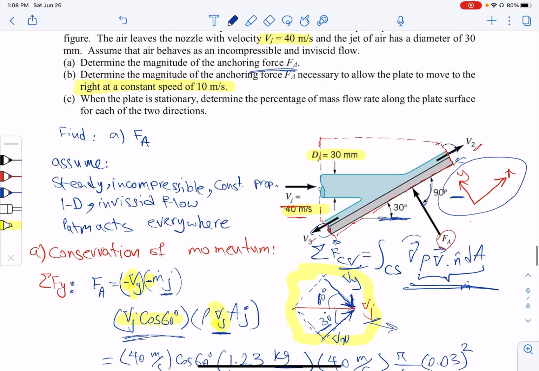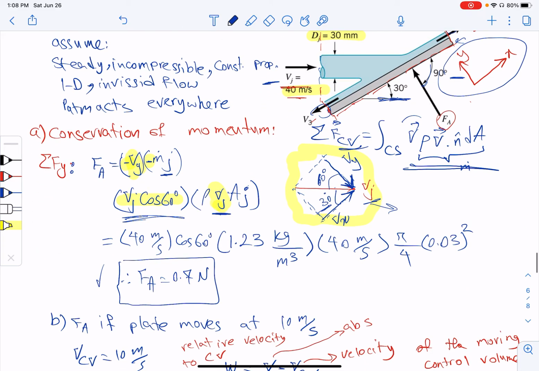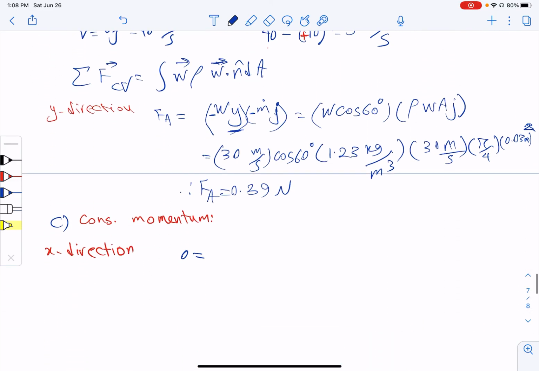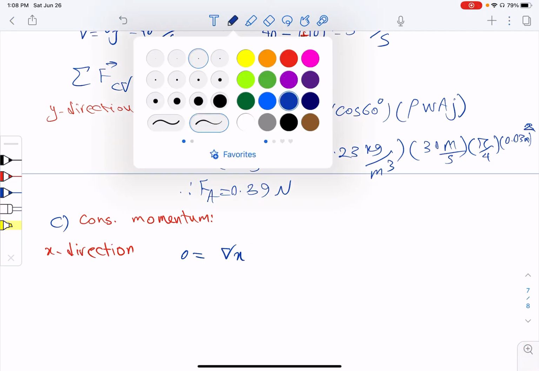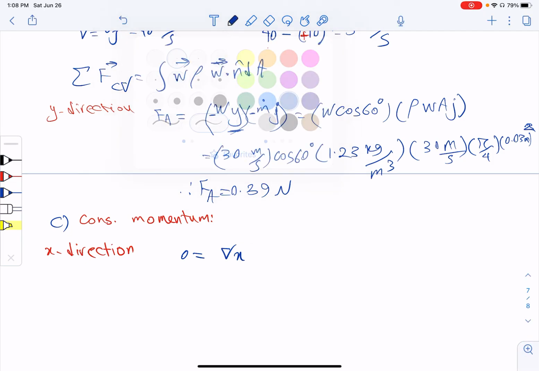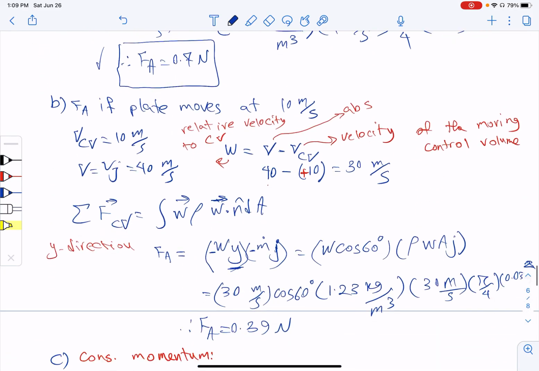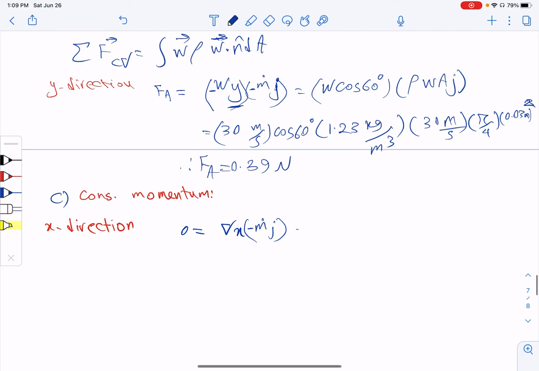So if we consider the jet at section 1, right? So we have Vx, which we show here, and we have m dot j. M dot j is negative, it's inflow. Vx is positive, and then we have V2 m dot 2.